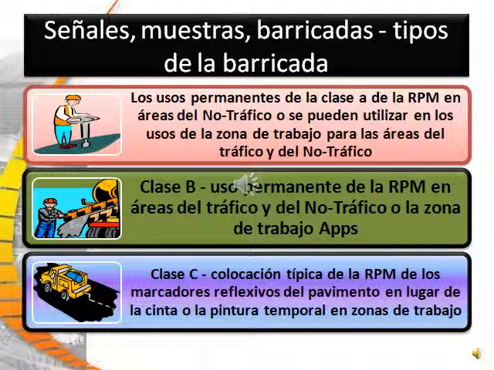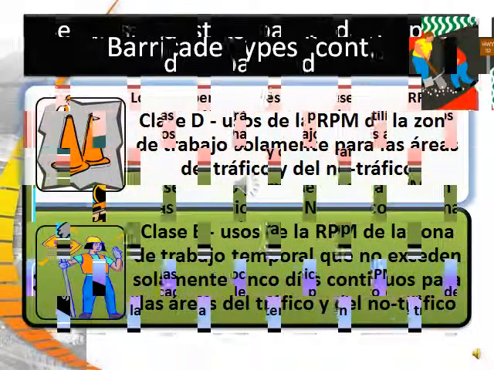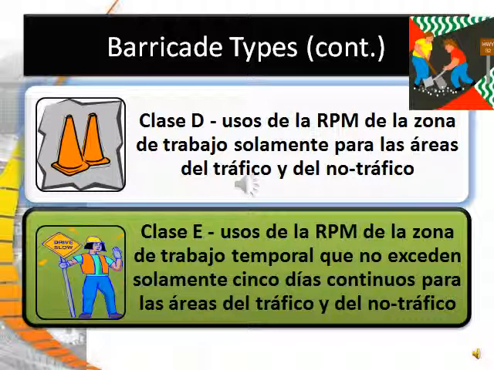Typical placement of reflective pavement markers in lieu of temporary tape or paint in work zones. RPM Class D. This refers to work zone applications only for traffic and non-traffic areas. Class E refers to temporary work zones not exceeding 5 continuous days for traffic and non-traffic areas.